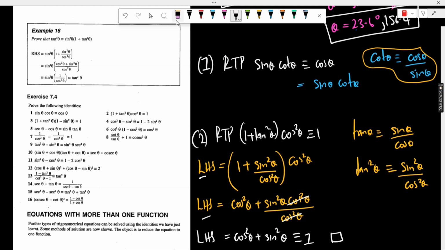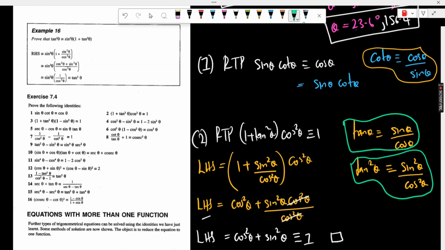All right. So as we came to the right here, we established that tan theta is equivalent to sine theta over cos theta. This is from our trig identity. Therefore, if we have tan squared theta, then that must be equal to sine squared theta over cos squared theta. And so we replaced tan squared theta with sine squared theta over cos squared theta.